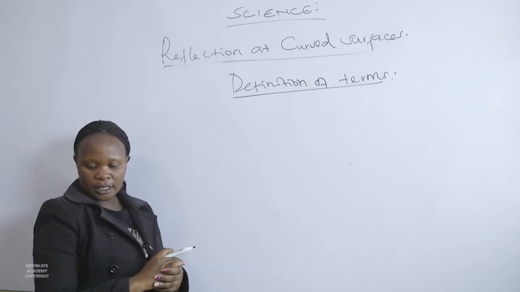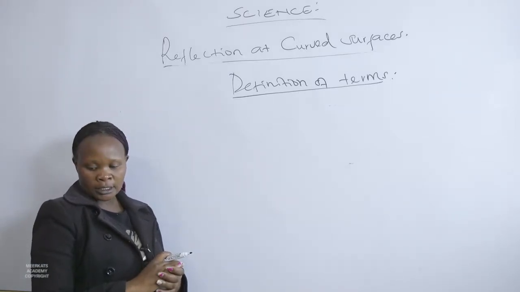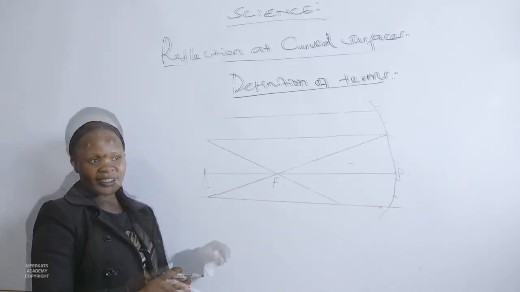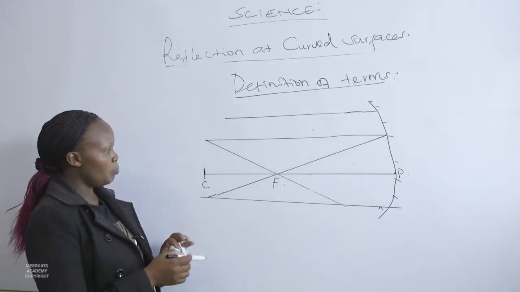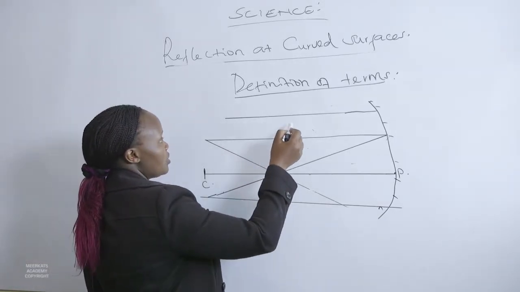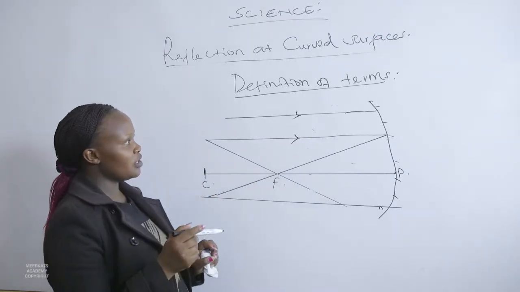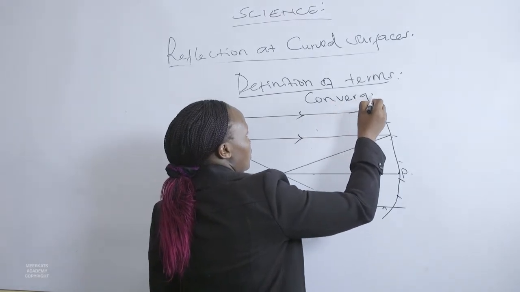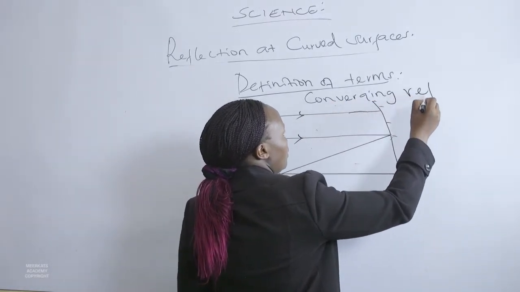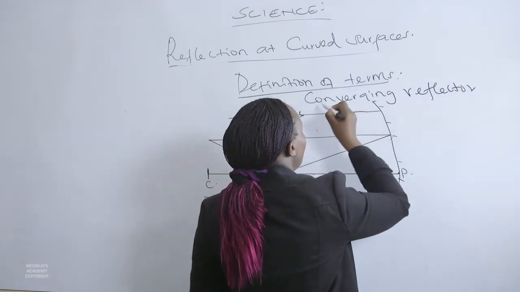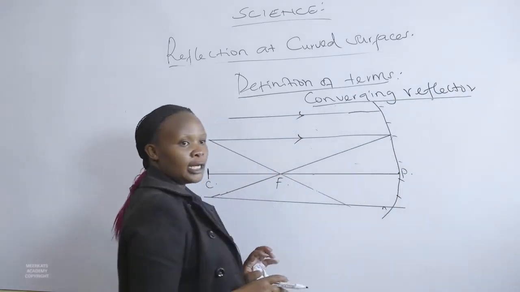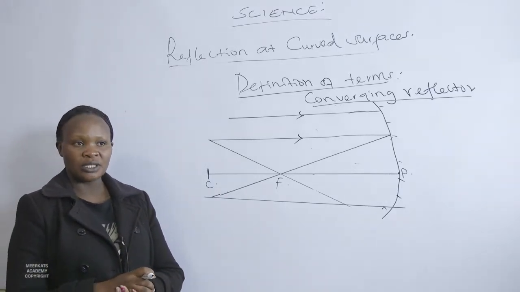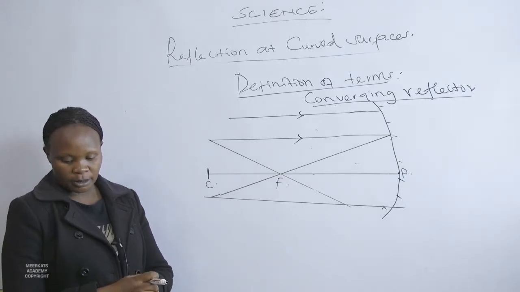We look at some of these terms and try to come up with their definitions. Now we consider a converging reflector and its parts and find out what they actually represent.